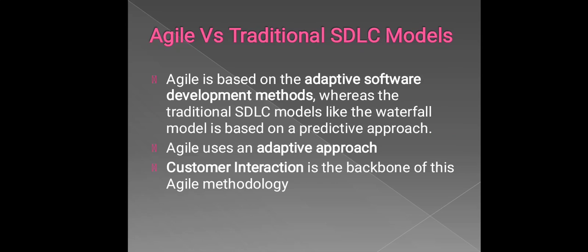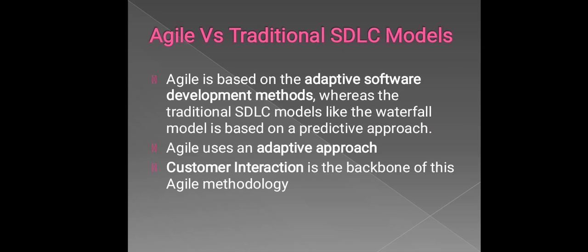Here we are going to differentiate between the Agile model and our traditional SDLC models. Basically, Agile is based on adaptive software development methods, whereas the traditional SDLC models like the waterfall model are based on a predictive approach.